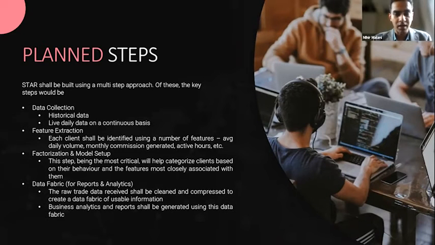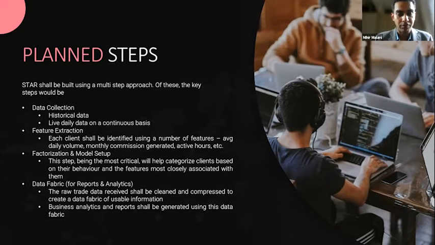Now, how do we achieve this? The planned steps are, the first and foremost would be data collection. So we would be collecting the historical data from the bank to arrive at our models or to fine tune our models. On top of that, we would start collecting the live data of investment and trade decisions that are happening at the bank's database and feed that live into the system. Post that, we would do the feature extraction, which is basically the different features across which our clients would be categorized.